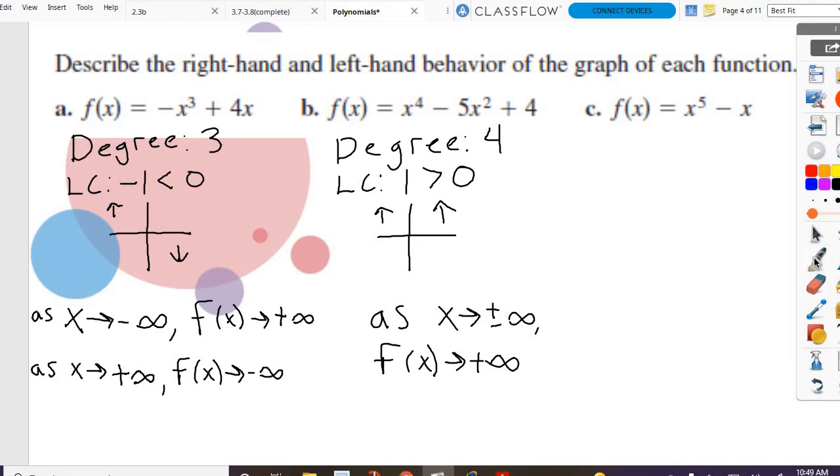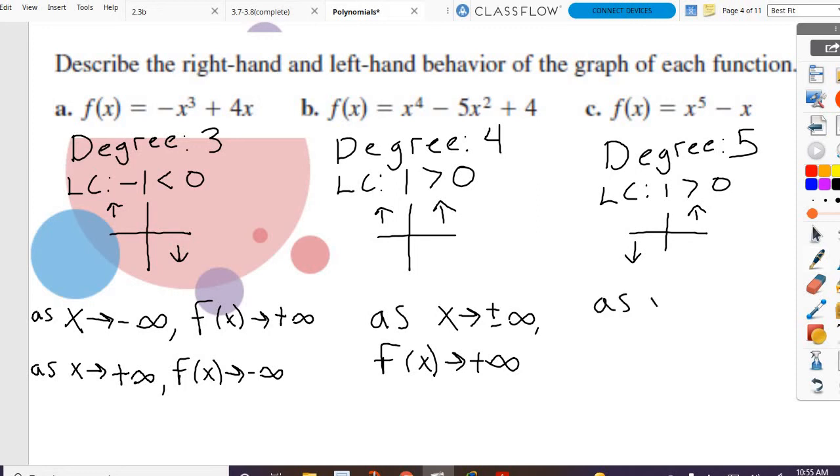All right, so now I want you to do the last one on your own. All right, it looks like most of us got an answer. So my degree is 5 this time, which is odd. And our leading coefficient is 1, which is greater than 0. So my sides are going to be opposite. And the left side's going to be down, the right side's going to be up.